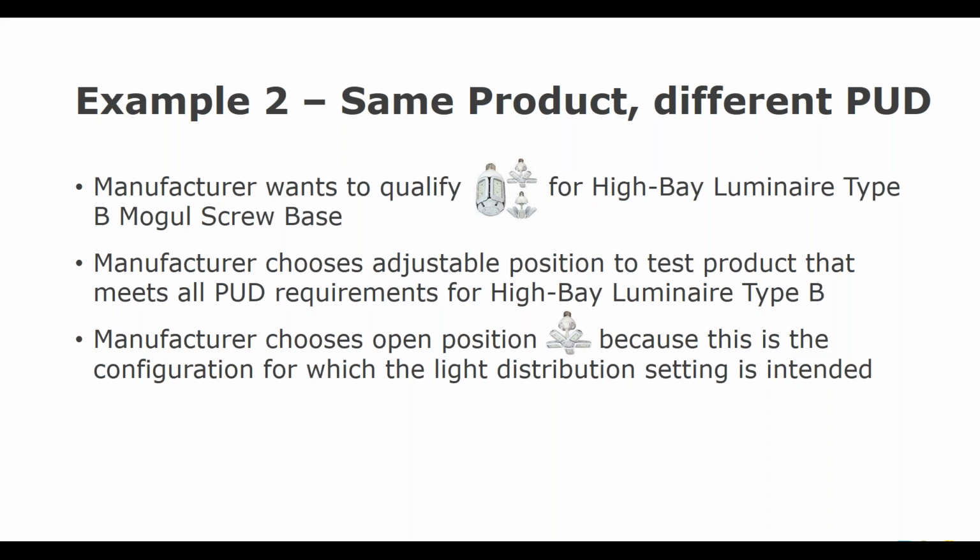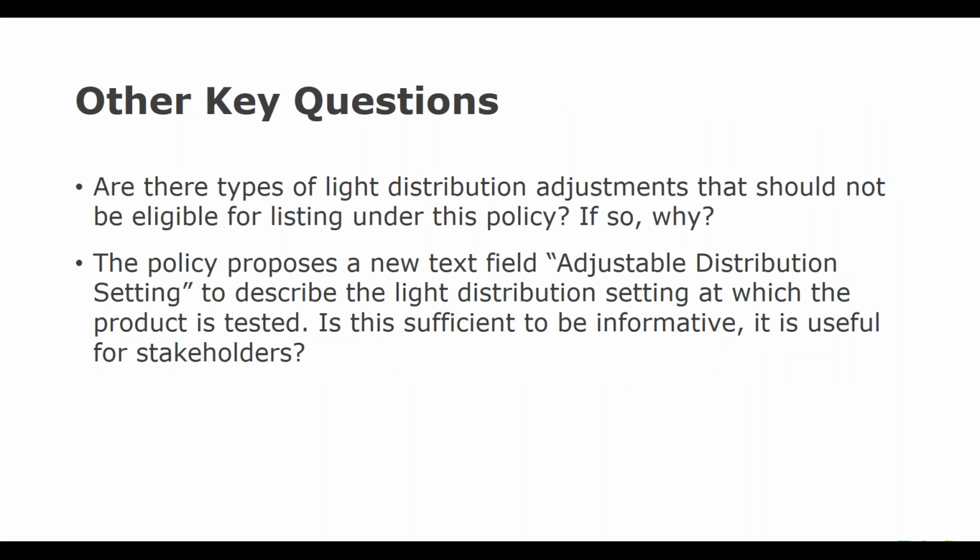So that's where they want to qualify it as well. So what they're going to do is they're going to choose the adjustable position to test the product that's intended for that PUD or application, and is going to meet the requirements and test it accordingly. So that's the framework that we have proposed.